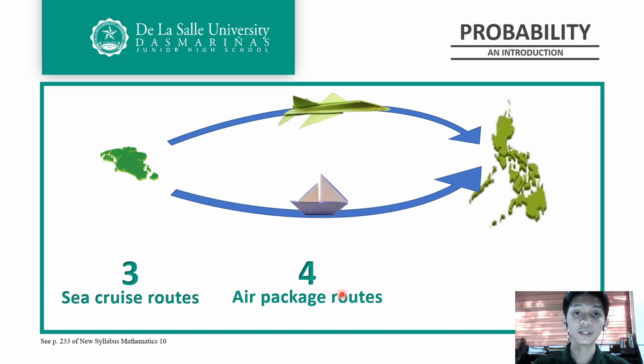So just like what I have said, we'll list down all the options. In this case, he will have a total of 7 choices of traveling from Singapore to Manila, since he can travel by any one of the sea or air routes. In your book, this is also called the addition principle.